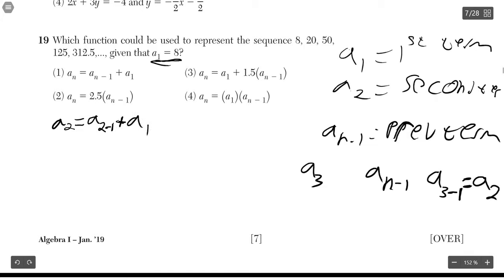So when n is 2, meaning the second term, a sub 2 would be a sub 2 minus 1, which is a sub 1, plus a sub 1. And as we know from here, a sub 1 is 8. So the second term would be 8 plus 8, which is 16. So according to choice 1, the second term would be 16. But we can see over here, the second term is 20. So choice 1 is out.